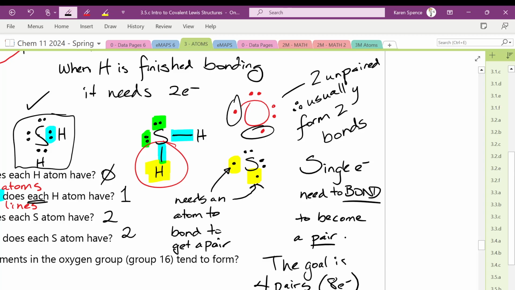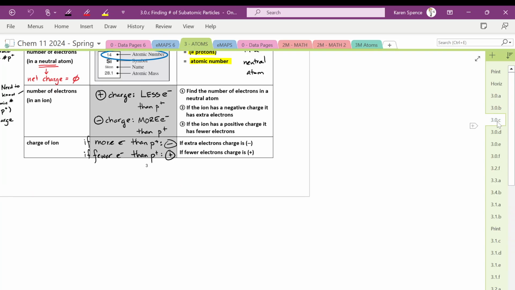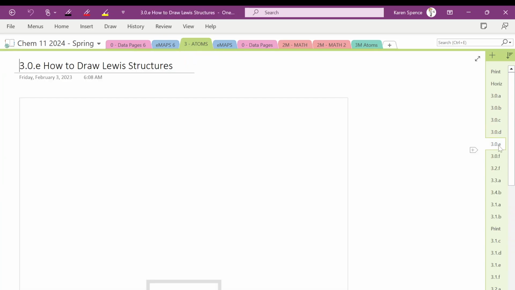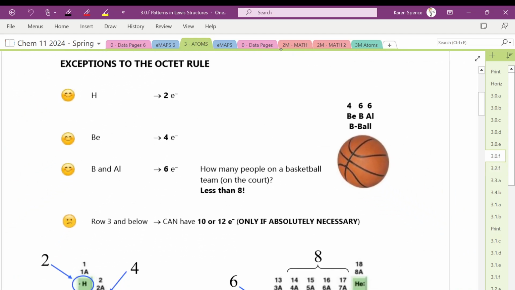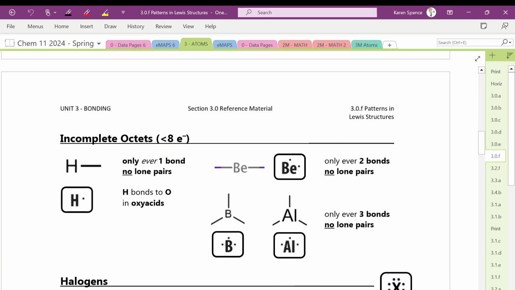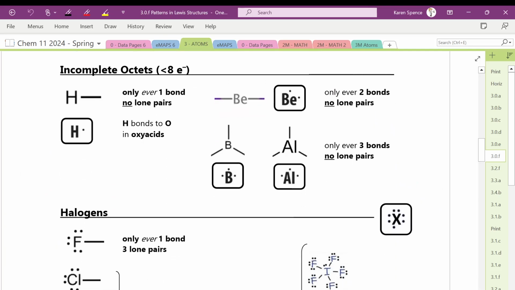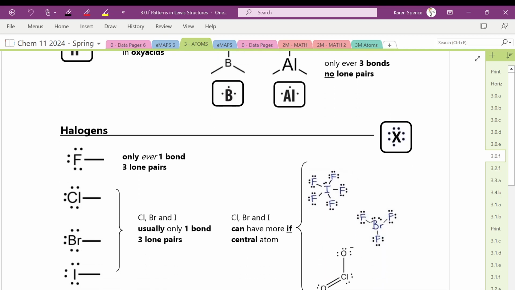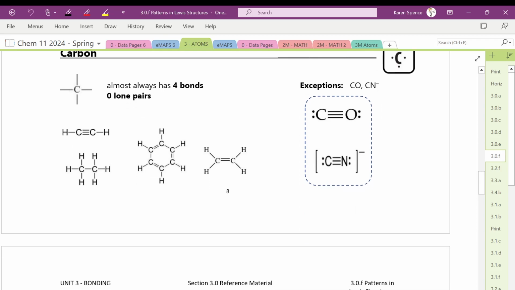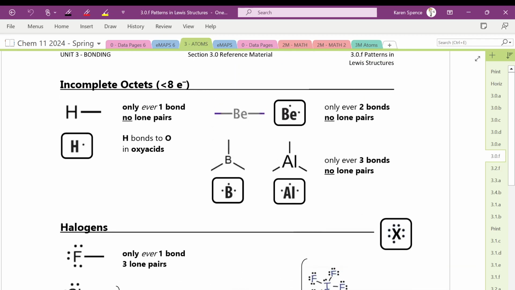And in fact, we can go back to the 3.0s. Let's go actually to page 8.